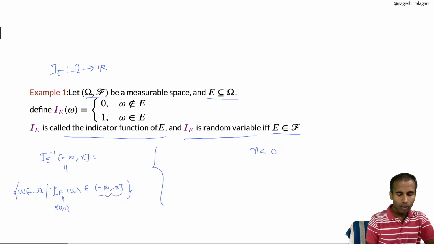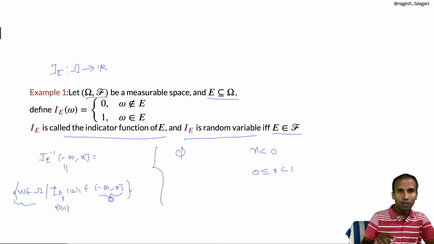So no outcome can be in this inverse image, and it should be empty. If x is between 0 and 1, including 0 but excluding 1, only 0 can go inside. So the inverse image will consist of only outcomes which are quantified to 0. Those are precisely E complement.